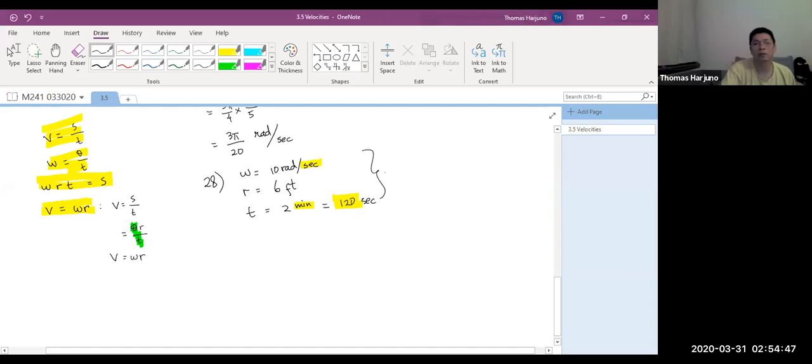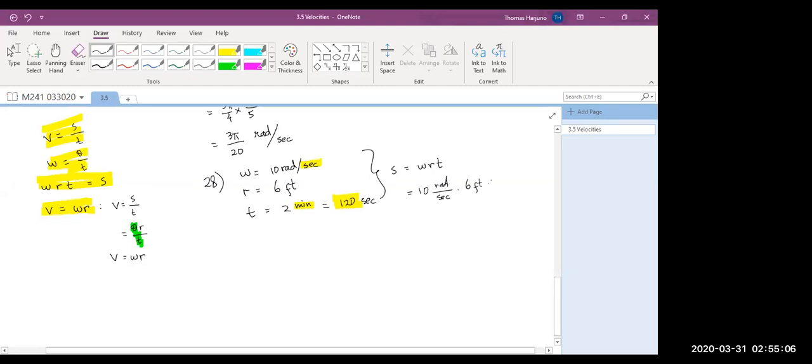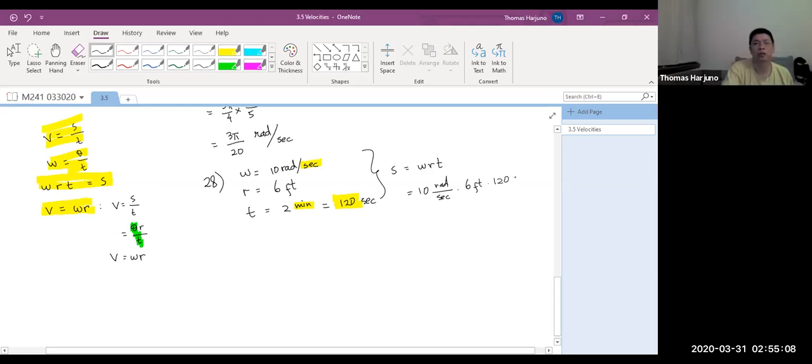Then plug this into the formula that the distance traveled is omega times r times t. That's 10 radian per second times 6 feet times 120 seconds.